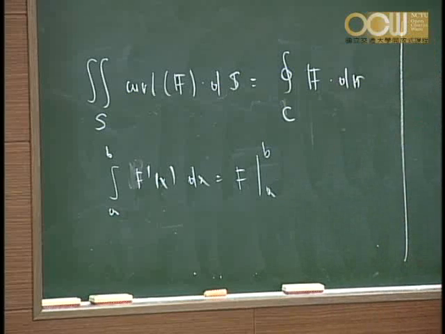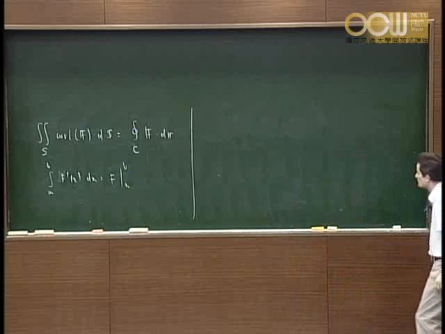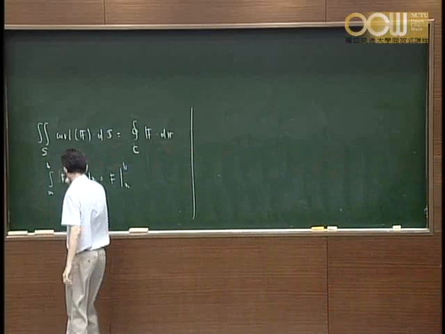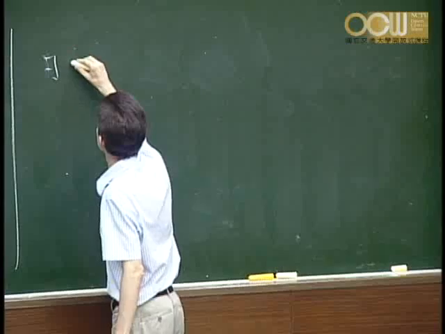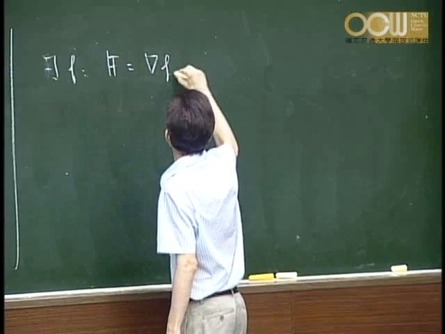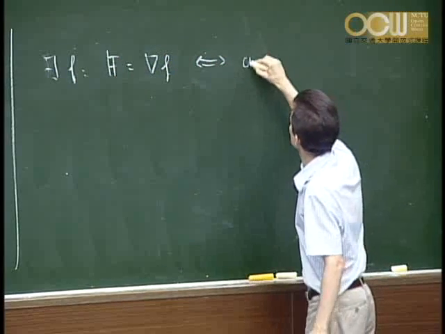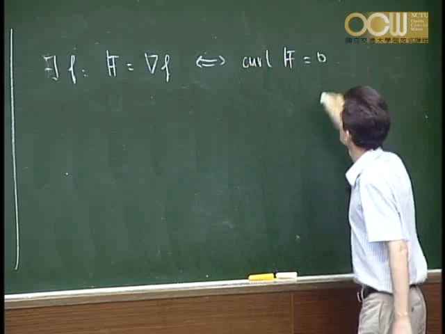Okay, so that's the first thing. The second thing is you can use Stokes' theorem to prove that F is conservative, so there exists an f such that F is the gradient of f, if and only if the curl of F is equal to 0.